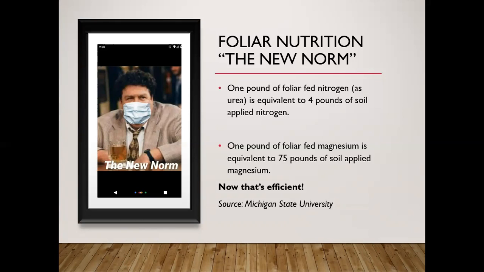So often I talk to growers, and that's really what I built this presentation around: the conversations I have had with growers and some of the comments I receive, like, I tried foliar and it didn't work. If you tried foliar nutrition and it didn't work, we have done something that is not correct, based on either the form of nutrition we're using, what we're feeding the plant, timing, or application. There are a lot of things that can come into why foliar nutrition doesn't work.